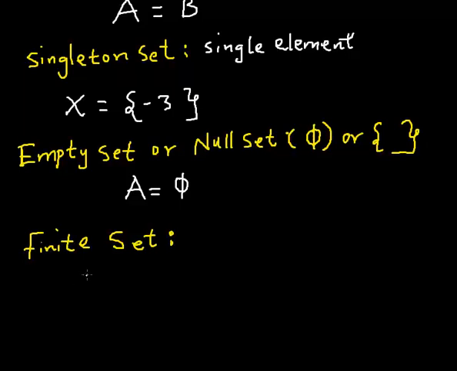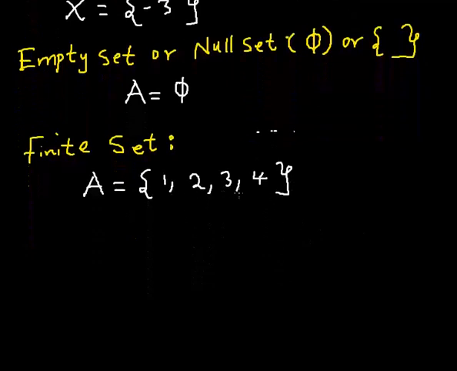Let's say set A is finite, if all the elements are listed out without indicating that the set continues. If I use dot dot dot, it simply means that the set continues. So this is finite because all the elements have been listed inside the opening and closing braces.